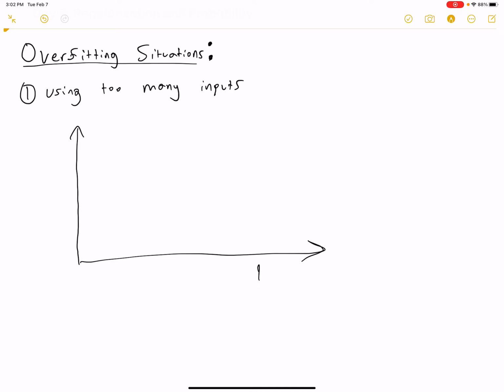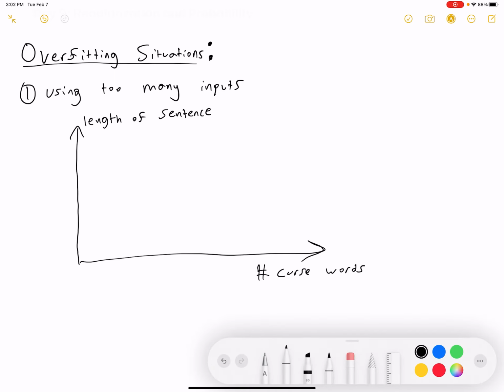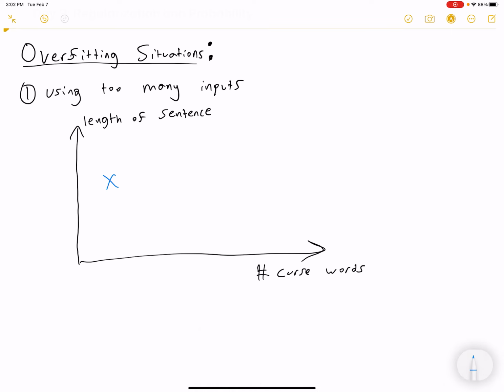And so we're going to look at two features. So one feature will be the length of the sentence. This is a reasonable feature. And another feature, which we talked about before, is the number of curse words. And let's say our data look like this. Doesn't matter exactly how you draw it.